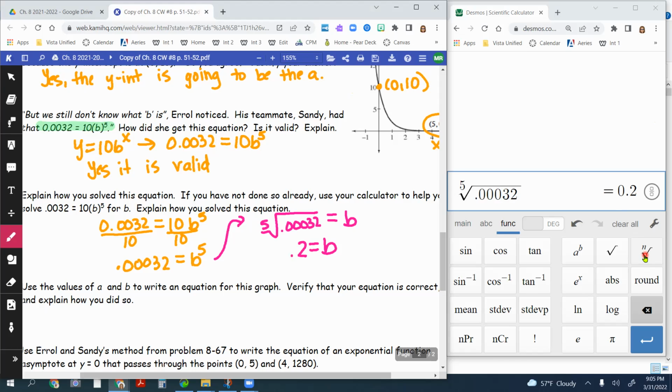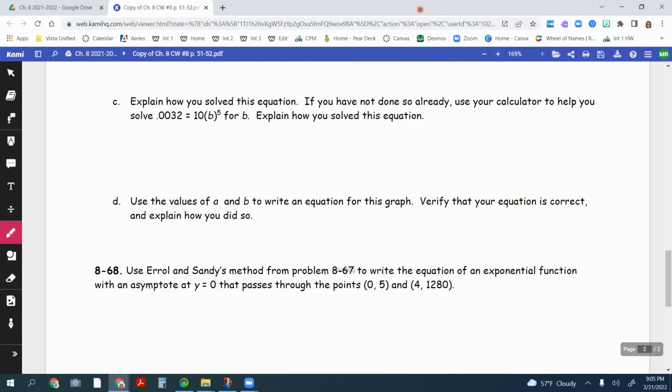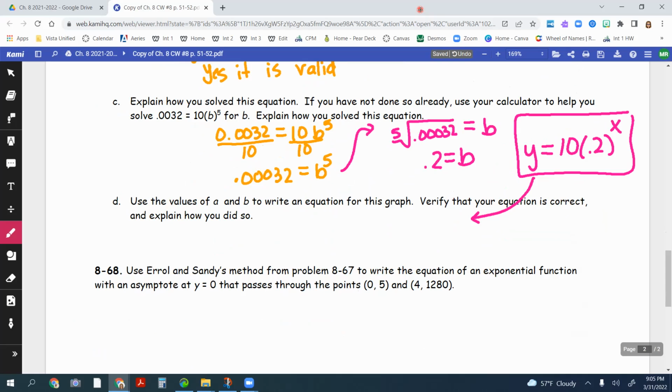So we know that our equation is going to be y is equal to 10, which is our a, times 0.2 to the power x. That is our equation. Use the values of a and b to write the equation of this graph. Verify that this equation is correct and explain how you did so. So here is the equation right here. One way to check it is to put in 0 and see if I get out 10.